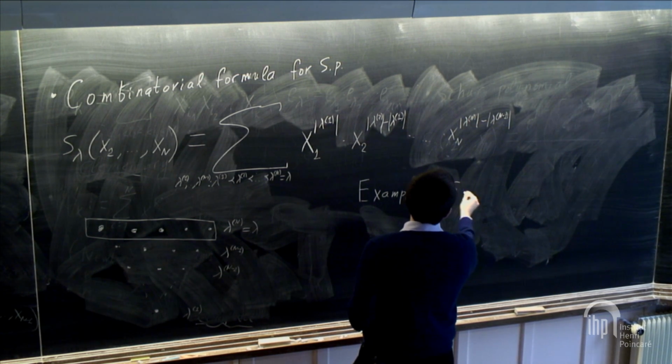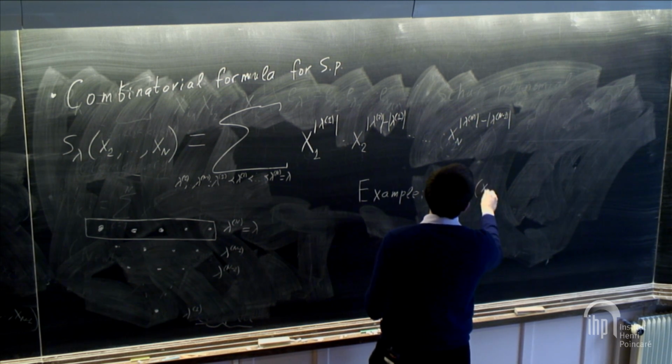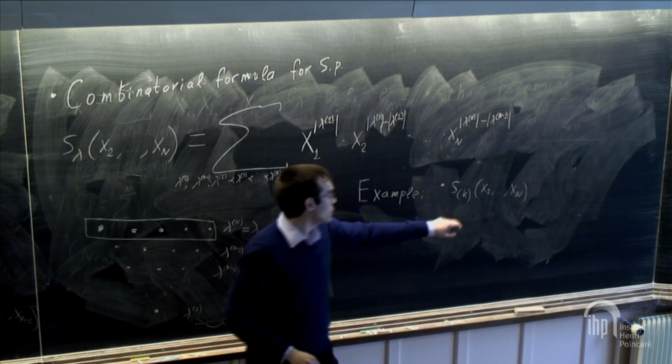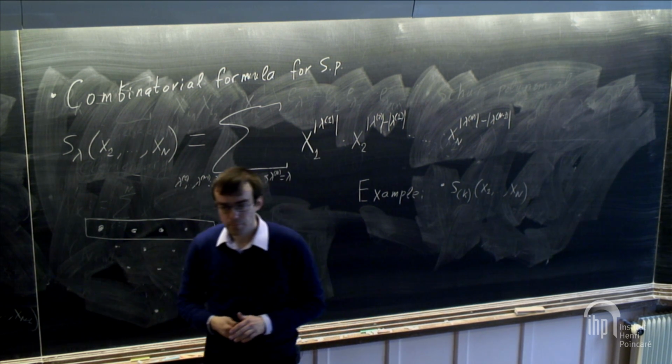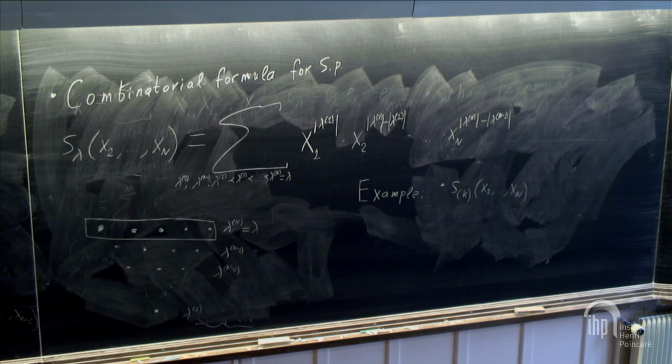So let us compute some Schur functions. For example, if I want to understand what a Schur function is on the signature (k), how to compute it?